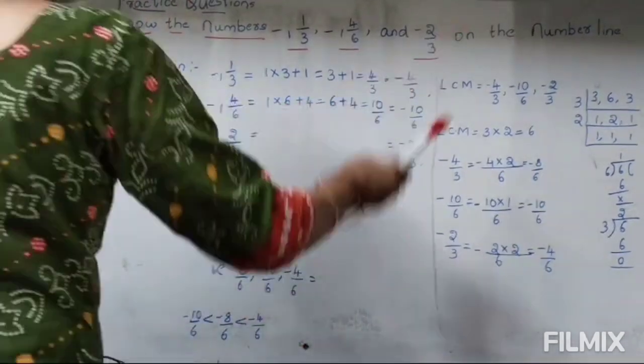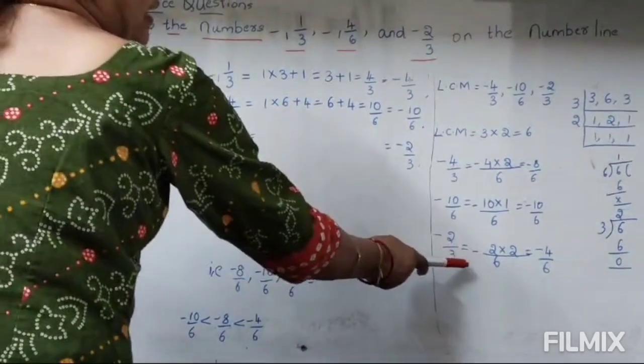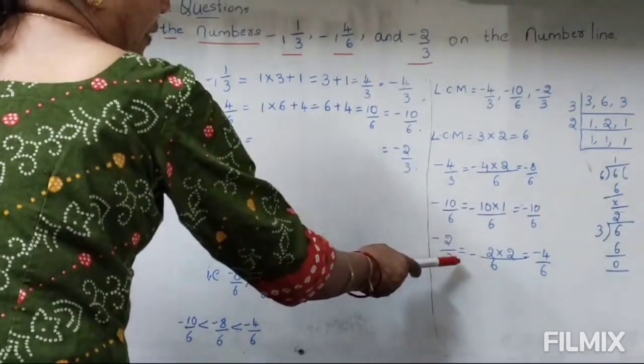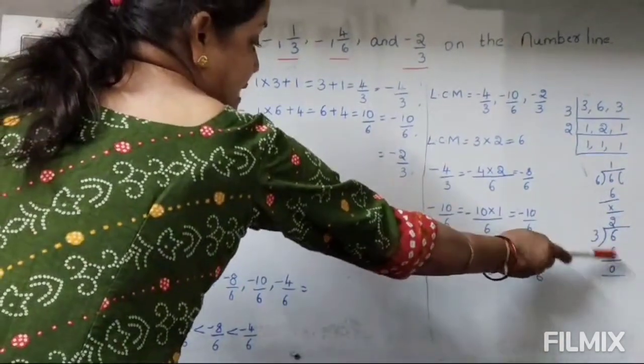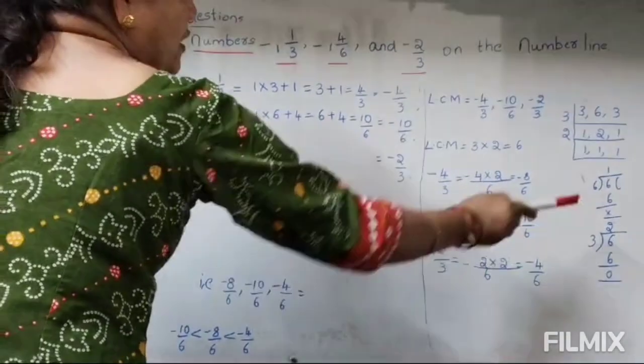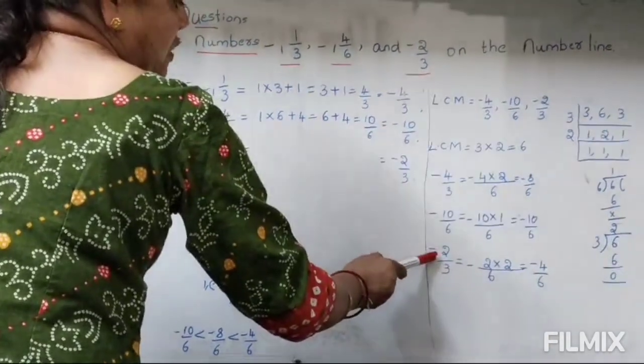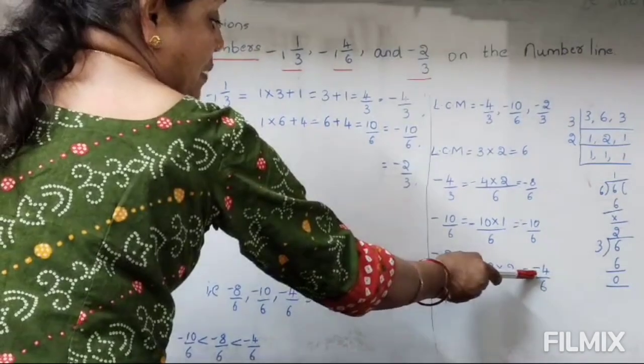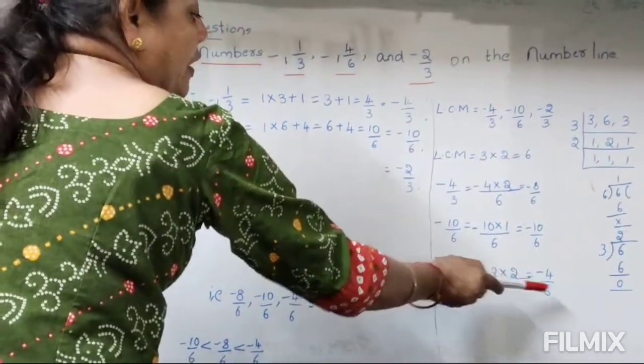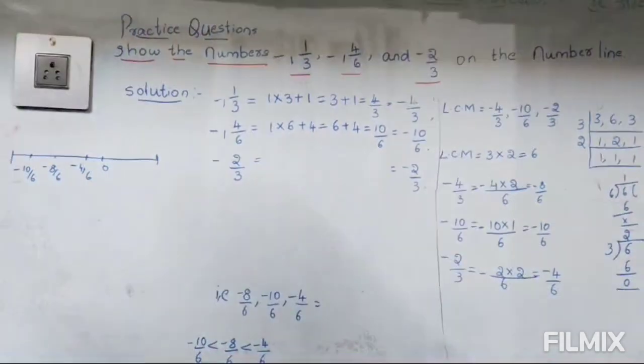Isn't it? Similarly, minus 2 by 3. 3 again in the denominator. 3 2s are 6, 0. Therefore, that 2 is multiplied by this 2. You have to retain this minus sign as it is. 2 into 2 is 4 by 6.